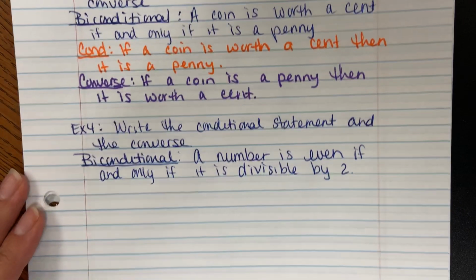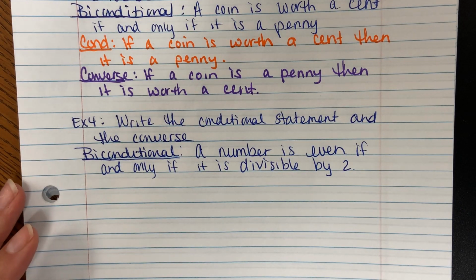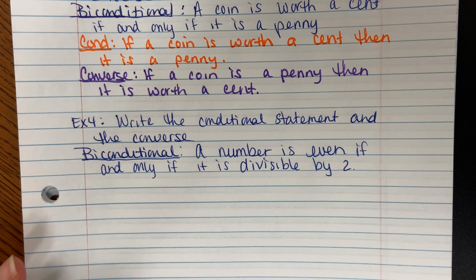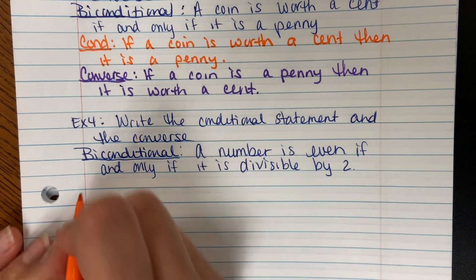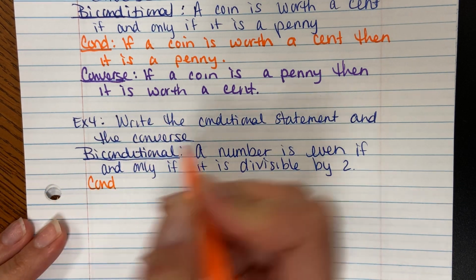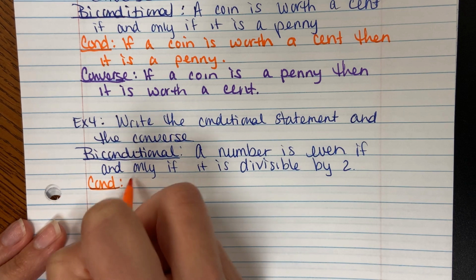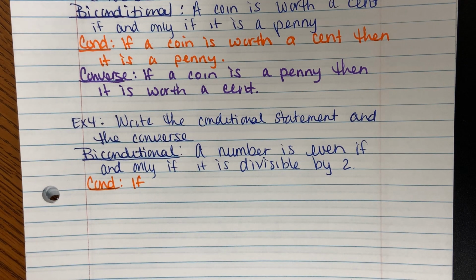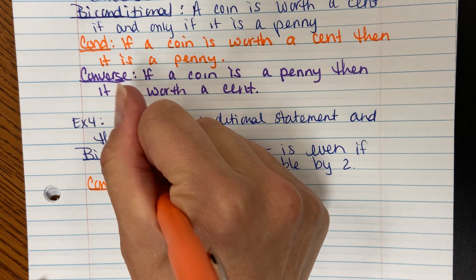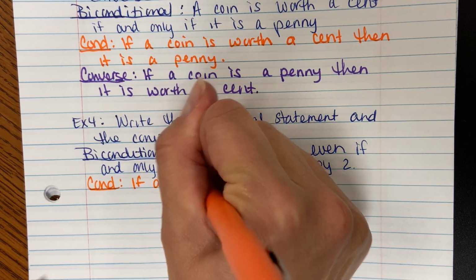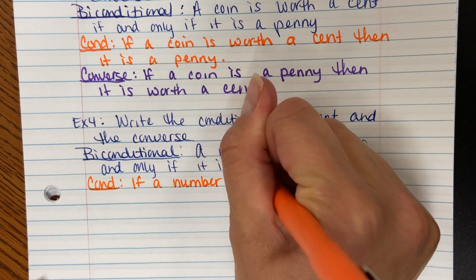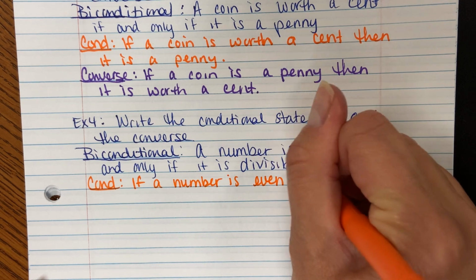Now remember, all other statements, conditional, converse, inverse, contrapositive, all of those always start with if and then. So the conditional here, we know it starts with the word if. If a number is even, then it is divisible by 2.